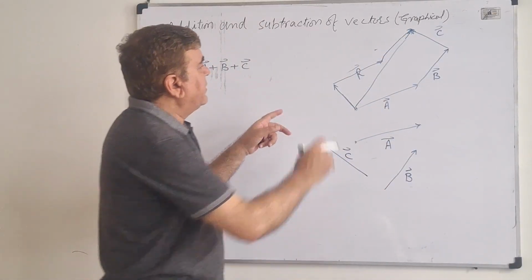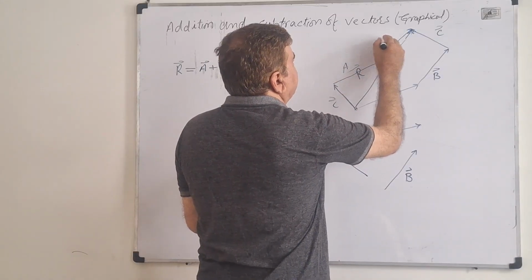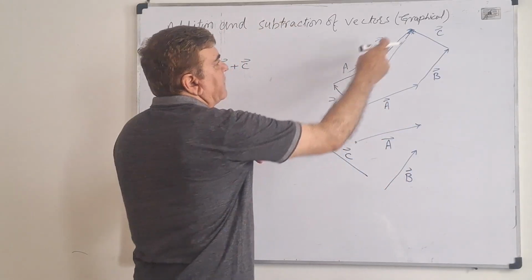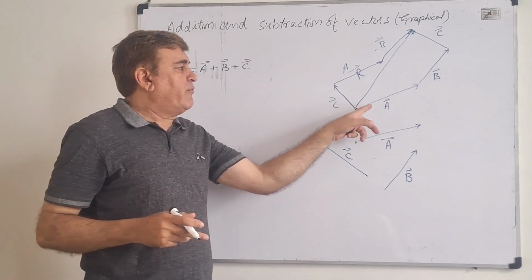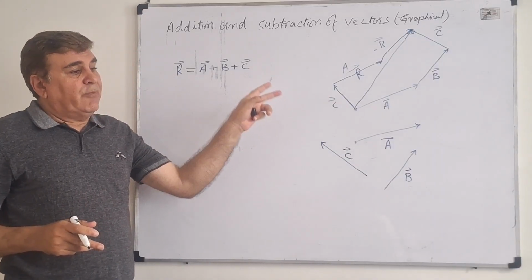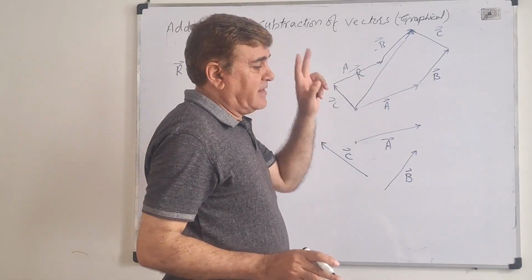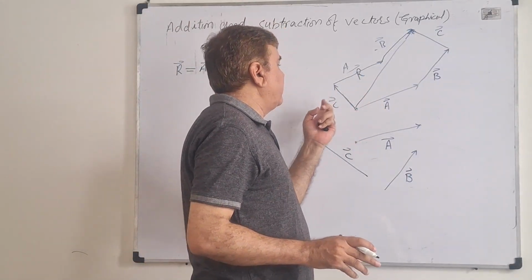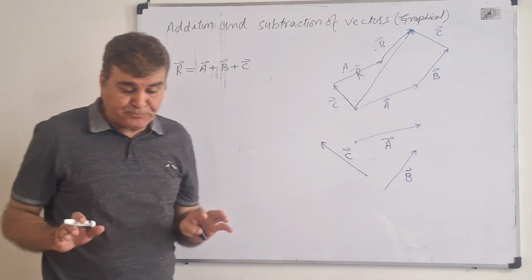So had I drawn it like this, this is vector C, this is vector A, this is vector B, I again end up at the same point. So it doesn't matter which vector we start with. That means the order of addition of vectors graphically doesn't make any difference. The resultant still remains the same. So we can start with A, we can start with C, we can start with B. That doesn't make any difference.